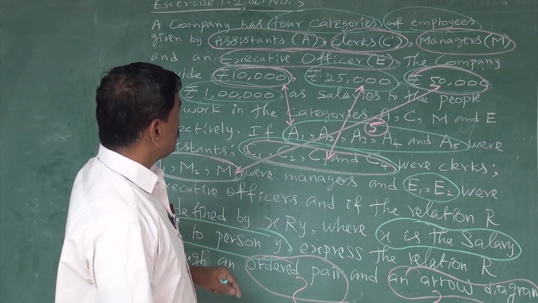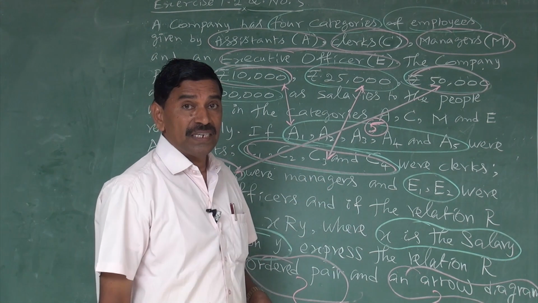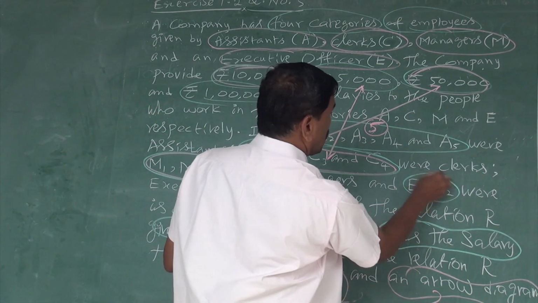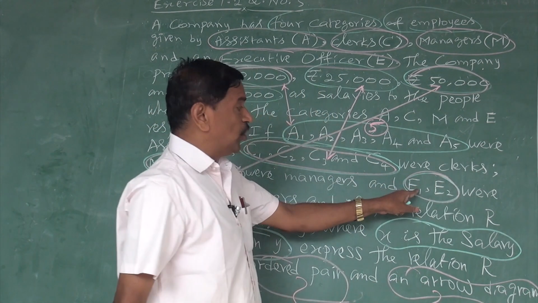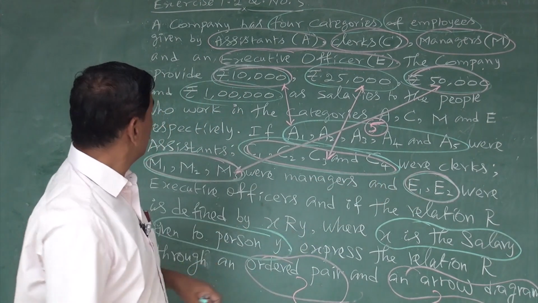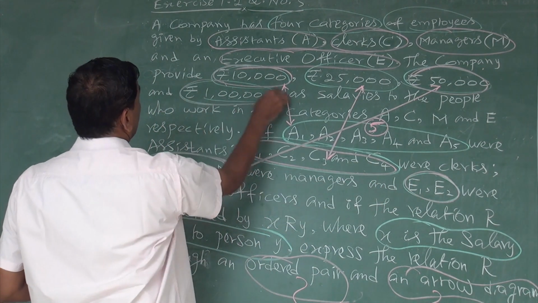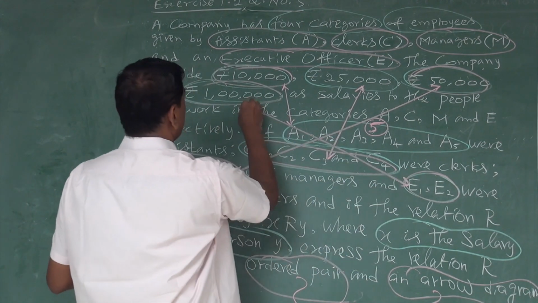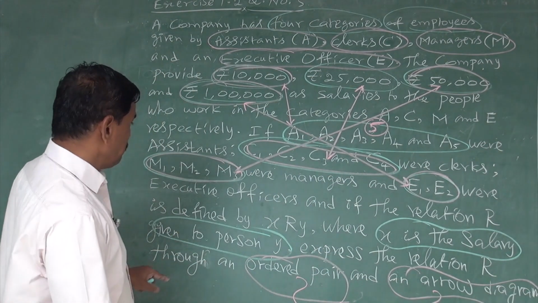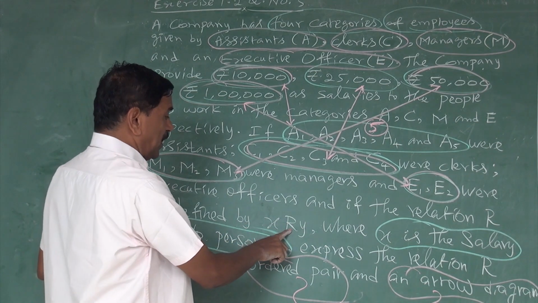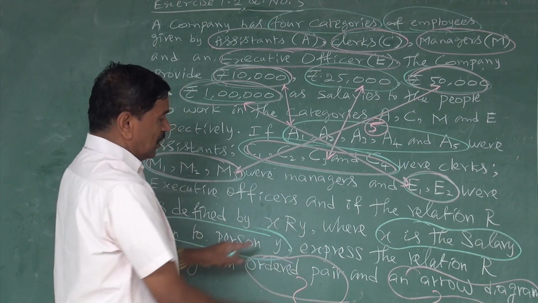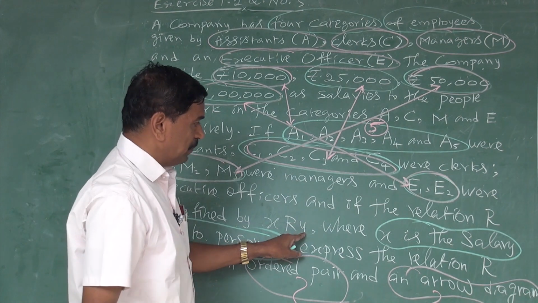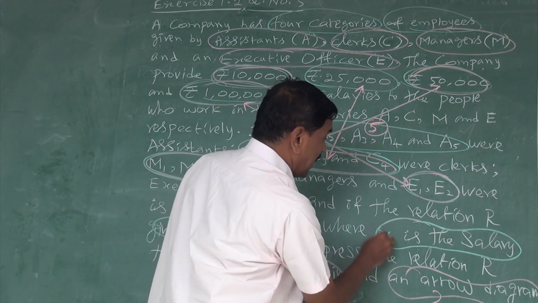Next, how many executive officers? Yes, there are 2 executive officers. Each executive officer gets how much salary? Yes, rupees 1 lakh. So this 1 lakh is related to executive officer. Listen again. The relation R is defined from X to Y, where X is the salary.